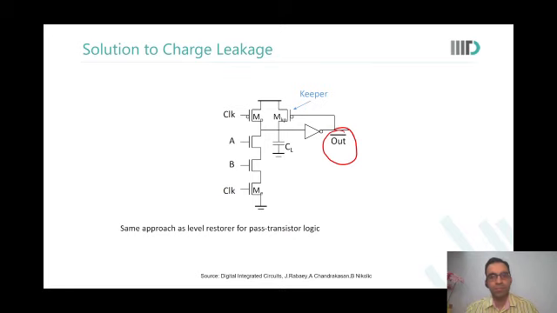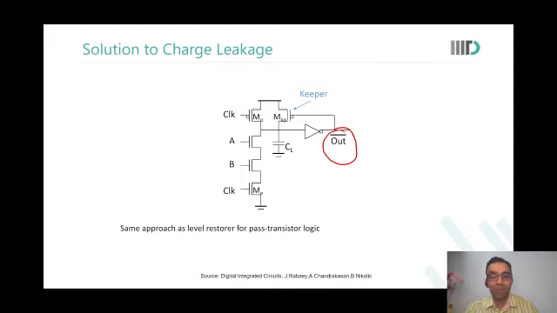Okay, sir. And one more thing is that in all these restorer circuits, we are actually creating a feedback. So how will we ensure that we actually get out of this feedback whenever we want? By keeping the keeper and level restorers very small. That's the purpose. If we keep these small, then even the regular strength NMOS will be able to fight back. No?